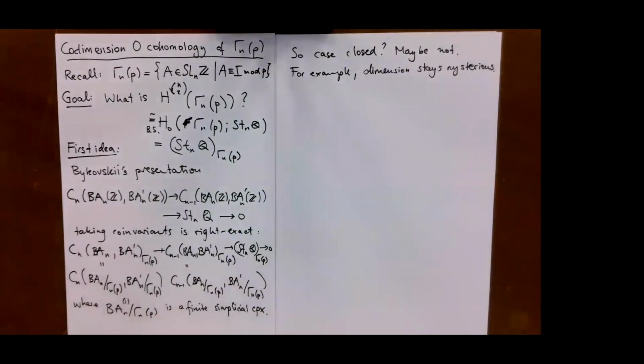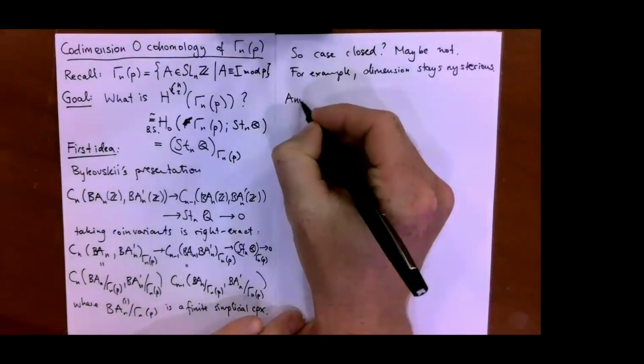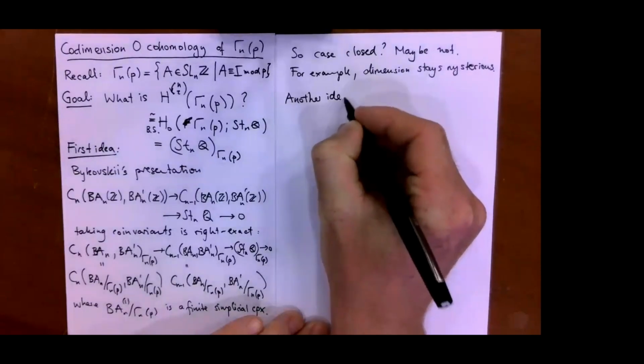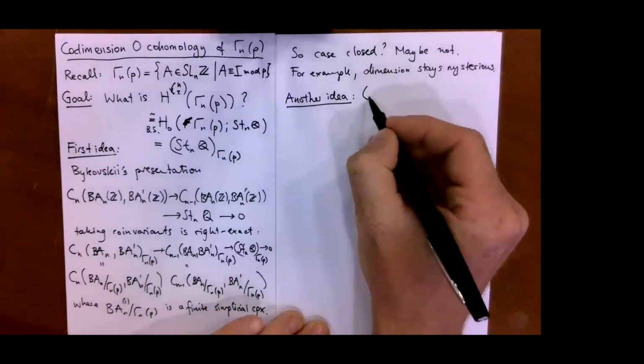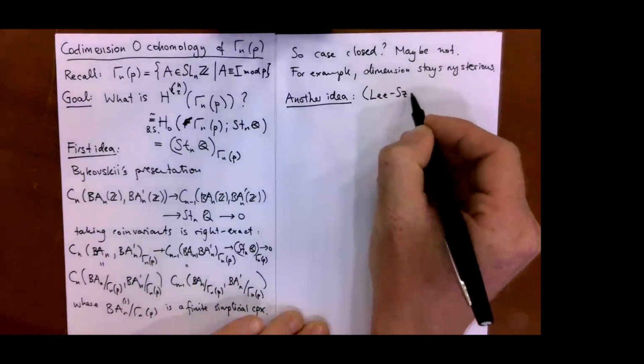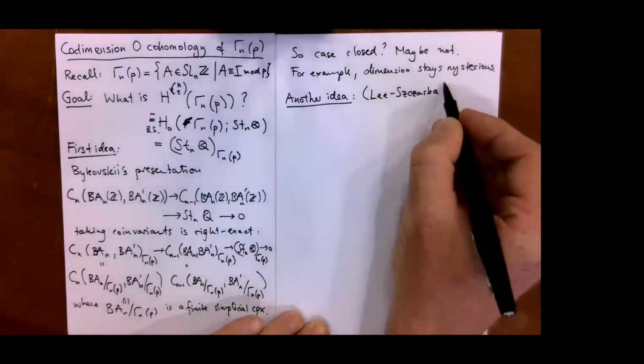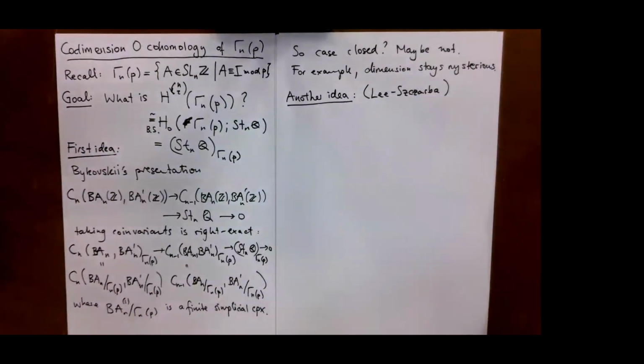So let me present you with another idea. In some sense, this idea is due to Lee and Szczarba. It's curious, this is all in one paper. They have like five different results that I keep on citing, all in the same paper. The Szczarba complex is in there, the result about codimension 0 of SL_n(Z).